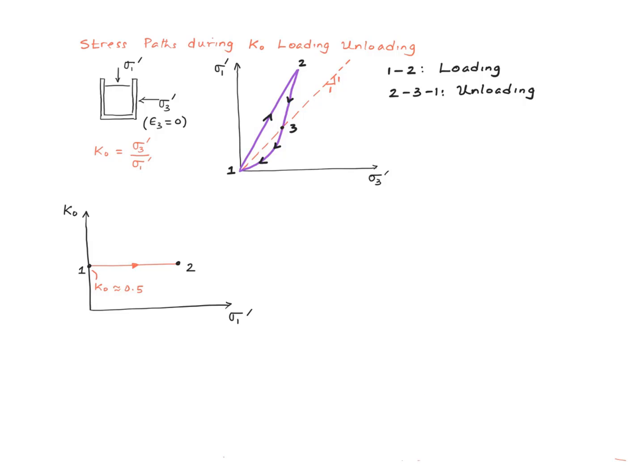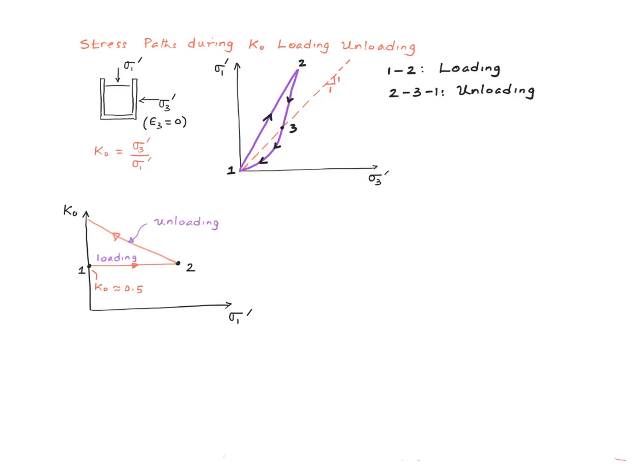So at this point, sigma 3 prime equals sigma 1 prime, and therefore K naught is 1 at that point. So you can see that K naught has increased from something like 0.5 over here to already 1 at point 3. We are not even done unloading completely. So at points below 3, K naught is actually greater than 1.